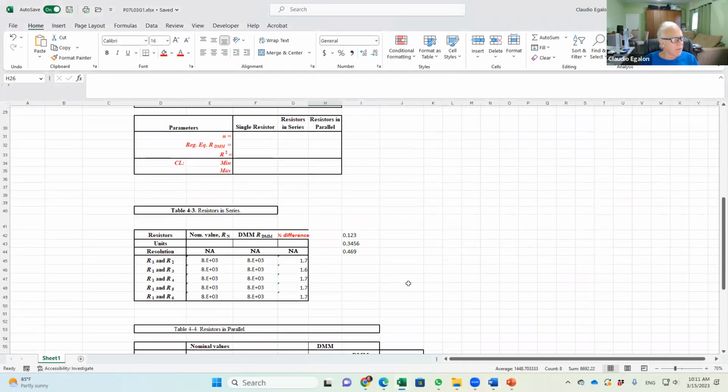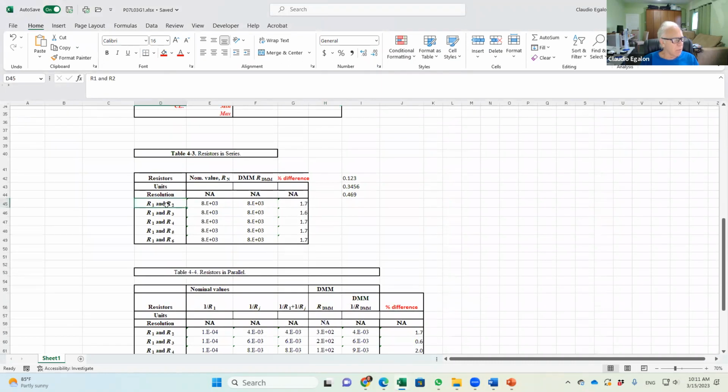Okay, that's the next table. Resistor 1, resistor 2, 3, 4, 5, and 6. And the nominal value is already calculated here. Don't forget to display it with proper significant digits. And here is the measurement of the DMM.